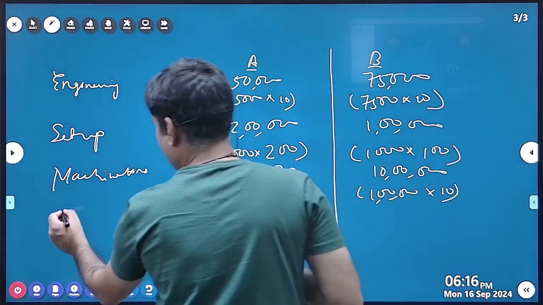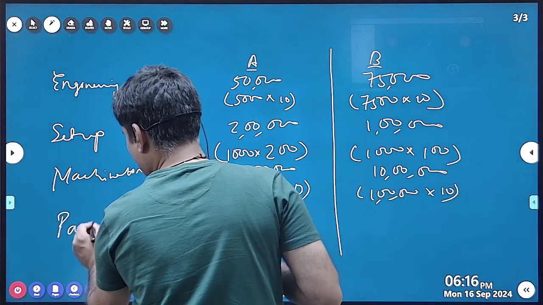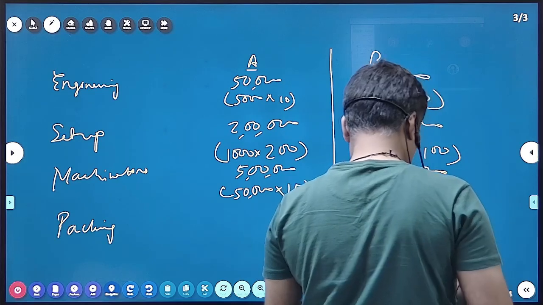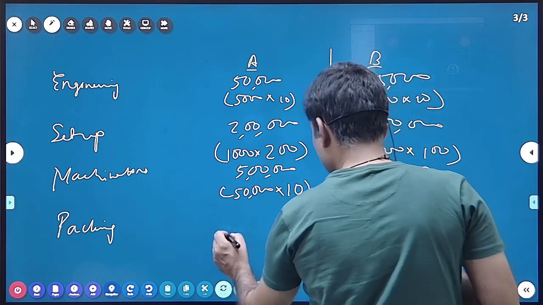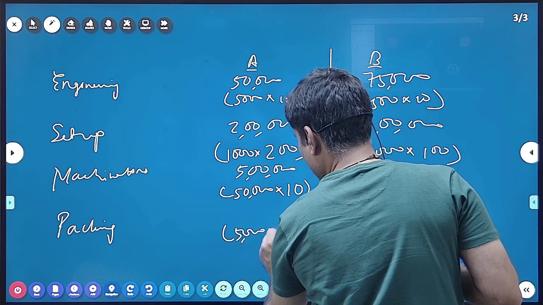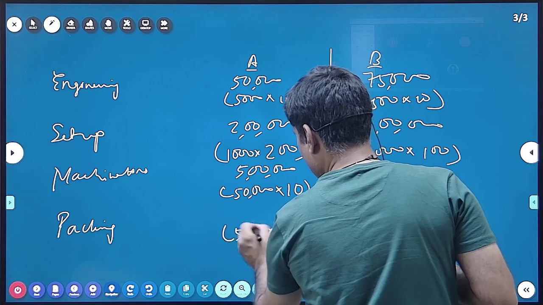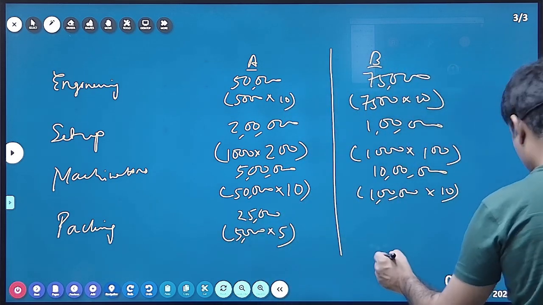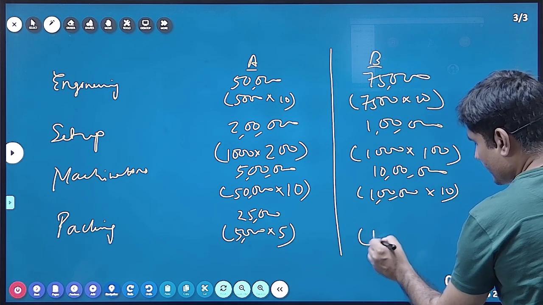Packing. How much? It was 5, right? 25,000. It is 10,000.